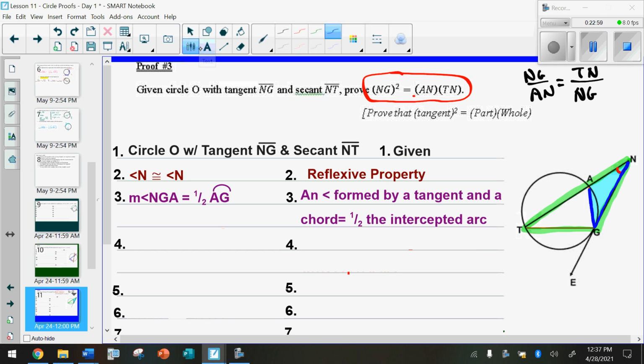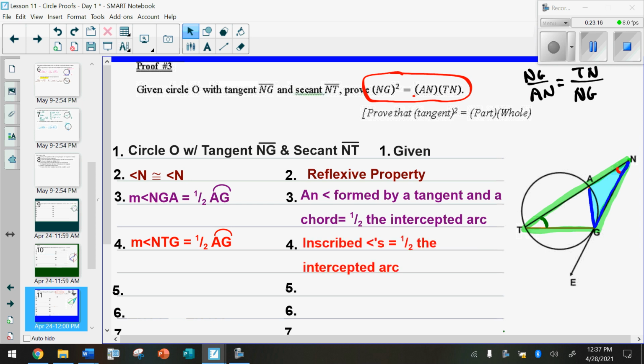Another one of the rules that we went over at the beginning of this video was that an inscribed angle is half the intercepted arc. So our inscribed angle of ATG is half the measure of arc AG, because an inscribed angle is half the measure of the intercepted arc. If you notice, both of those previous steps use 1/2 arc AG. So if NGA and NTG are both equal to the same thing, that means they are equal to each other, and you can say either substitution or you could say transitive property.